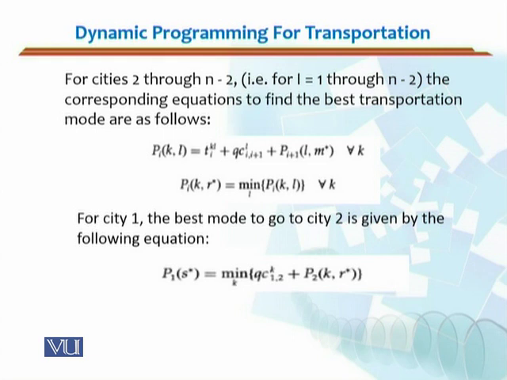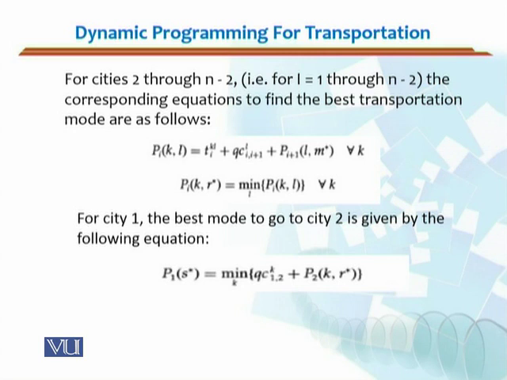Since you are solving backward, that solution will be available to you. And you can see that PI plus 1 with LM star is there. That is the minimum cost for all K. And of course, PIK R star here. R star would be the minimum one. It is the same as before, minimum of PIKL for all Ks.